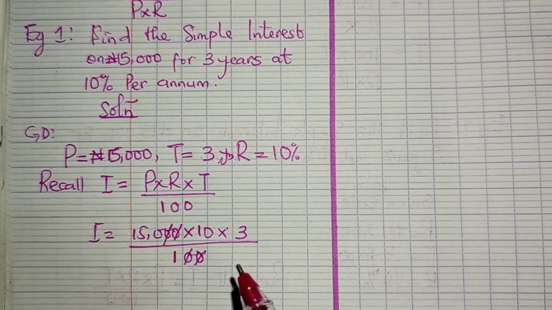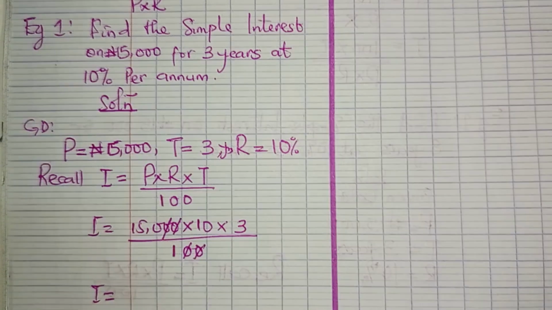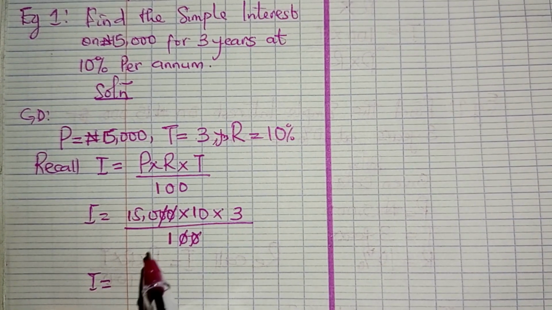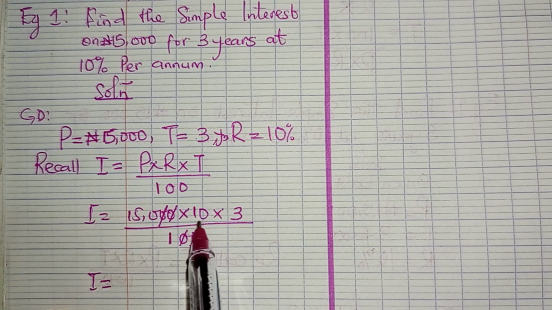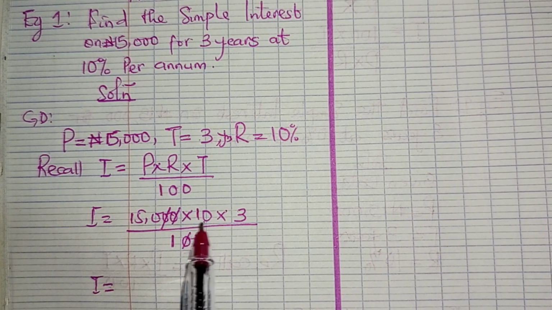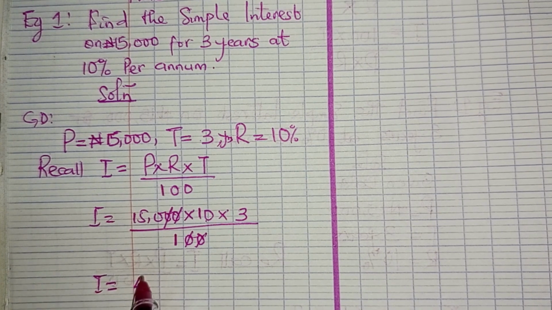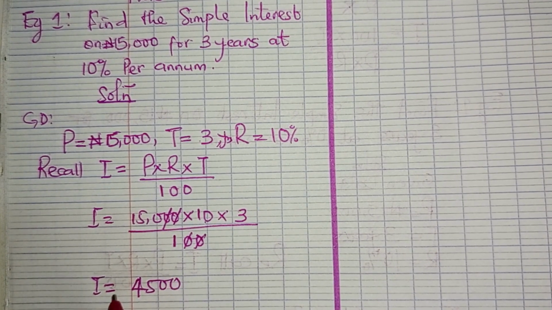So we have that simple interest is equal to 150 times 10 is 1,500, times 3 is 4,500.